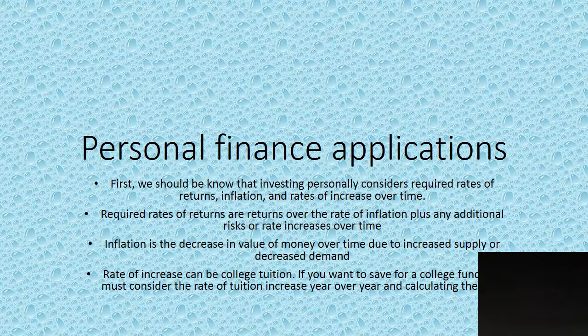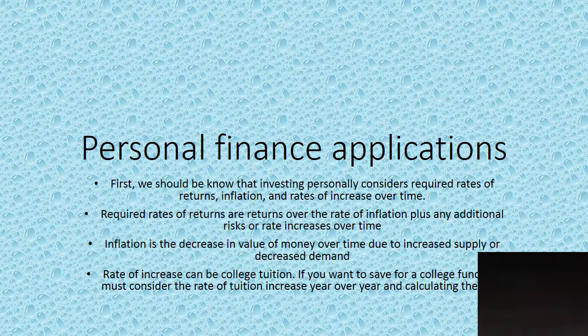And if you're looking at a college fund or something like that, then you have to consider calculating the EAR, or the effective annual rate. That's essentially done by taking your required rate of return, dividing it over a number of periods, adding 1 to it, raising it to that power, and then subtracting 1.